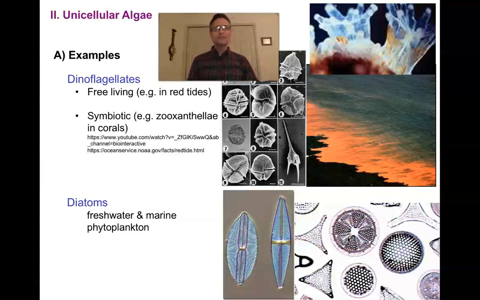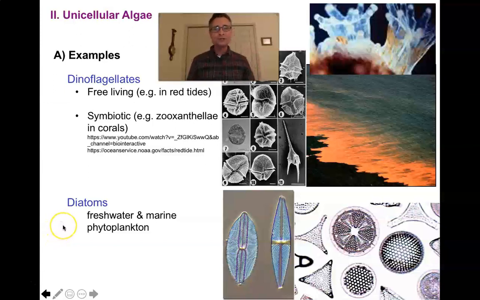And so if you collect a core in the sediments of lakes or of the ocean floor, and you look at the diatoms that have accumulated at different stages in the geological past, what you can see is that the climate is changing for particular environments.